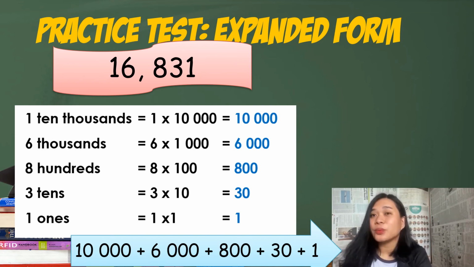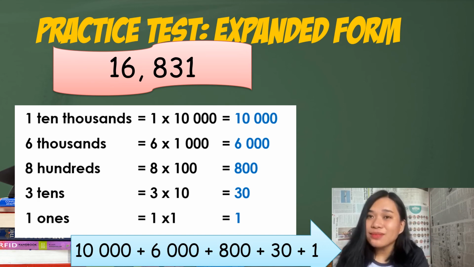Now we get the product with their corresponding place value. 1 times 10,000 is equal to 10,000. 6 times 1,000 is equal to 6,000. 8 times 100 is equal to 800. 3 times 10 is equal to 30. 1 times 1 is equal to 1.